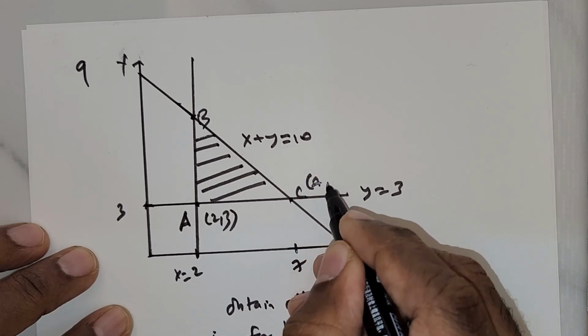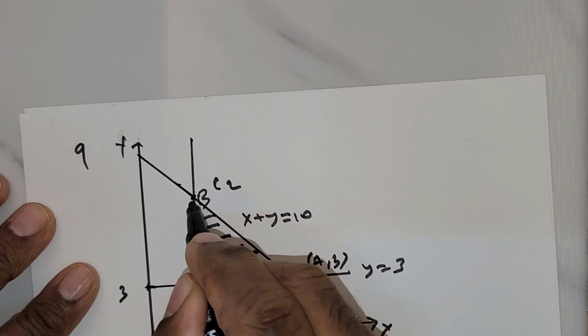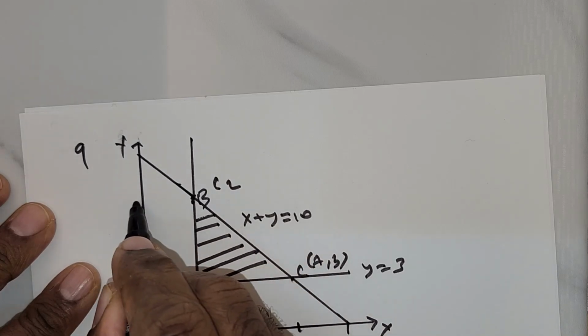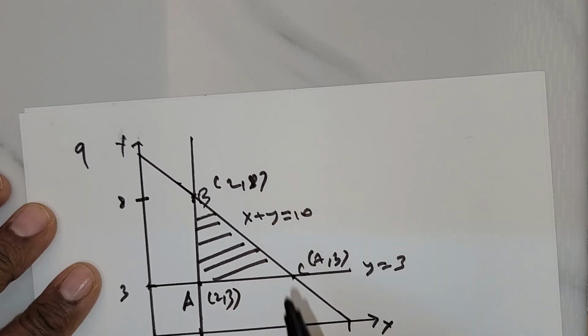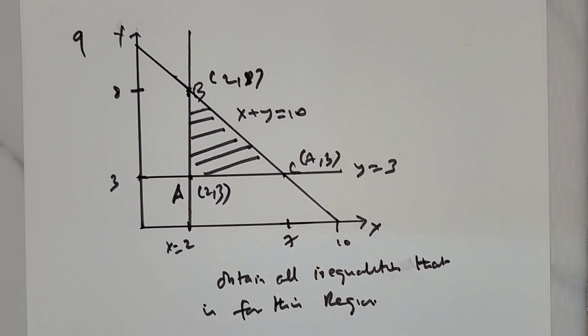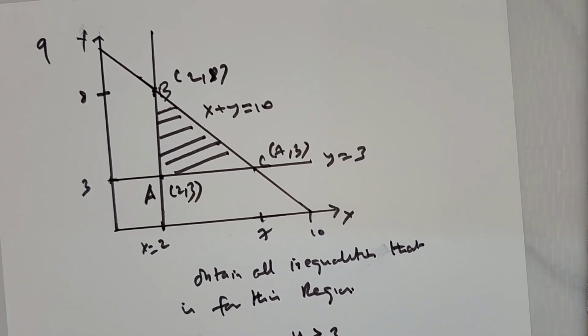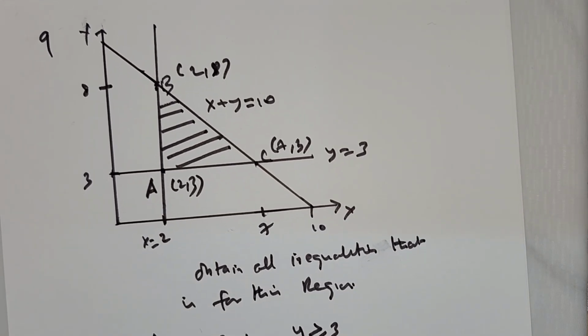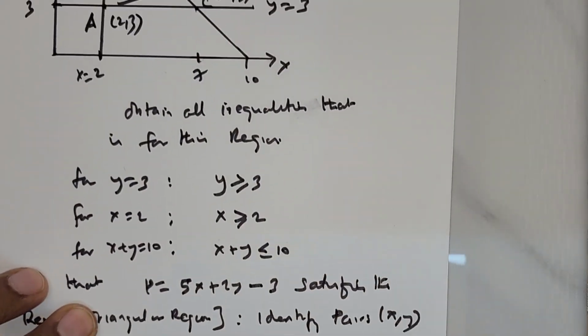So this is going to be 7, 3, and this point is going to be 2, and this is given as 8. So this is 2, 8. Okay, so you will have to mention those points. So the question is what are those: 2 comma 3, 7 comma 3 and 2 comma 8. So we have to find it.